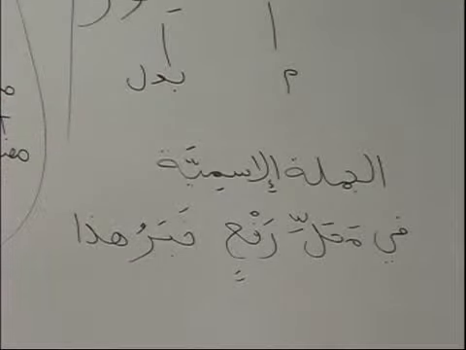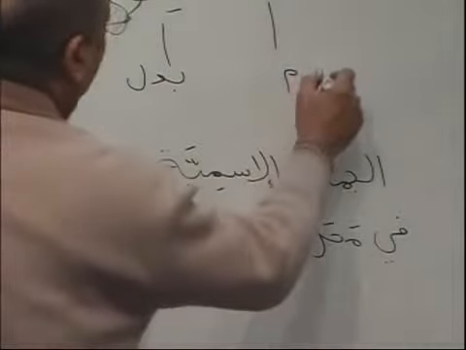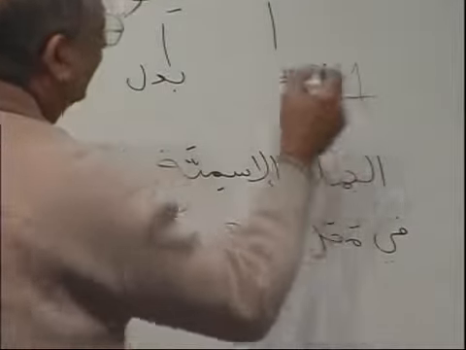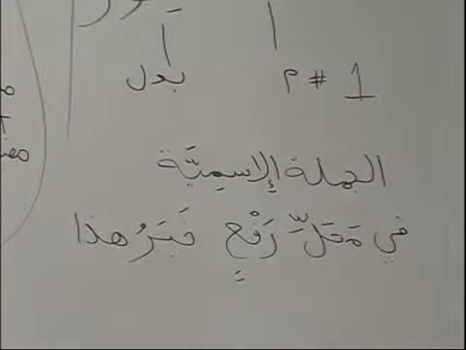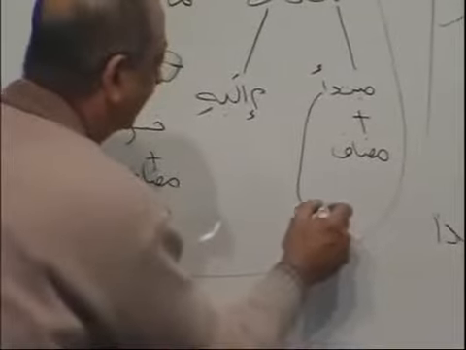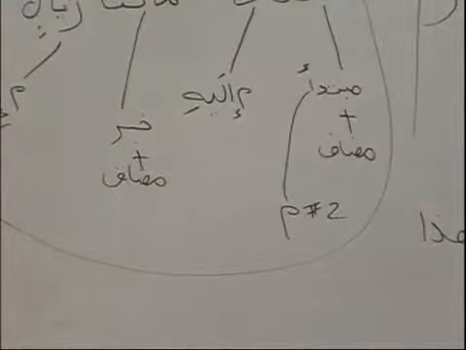Now, sometimes, if you want, you can also say, this is mubtada number 1. You don't have to. But sometimes, if you find that it is easy, mubtada number 1. Okay, and then what will you call this mubtada? You can call this mubtada number 2.